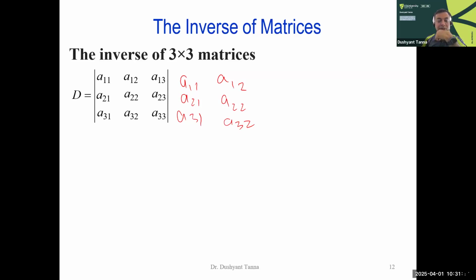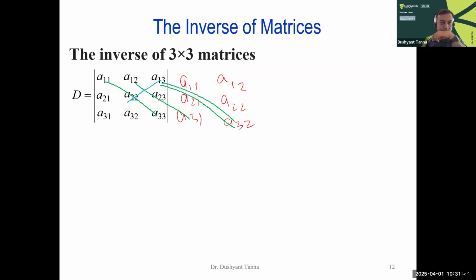I'll take some green color. 1, 2, 3, like this. They are being added. And I'll go with blue.